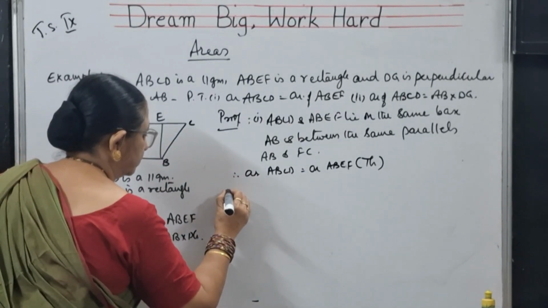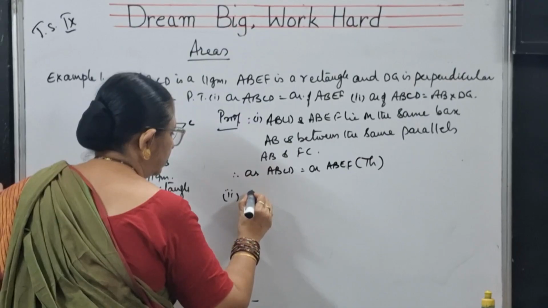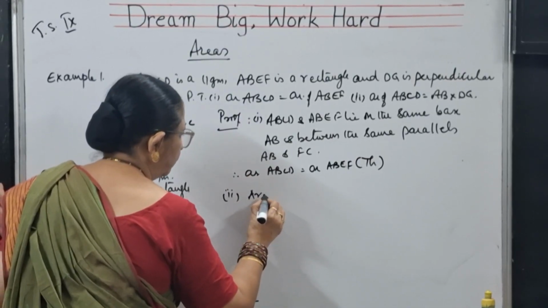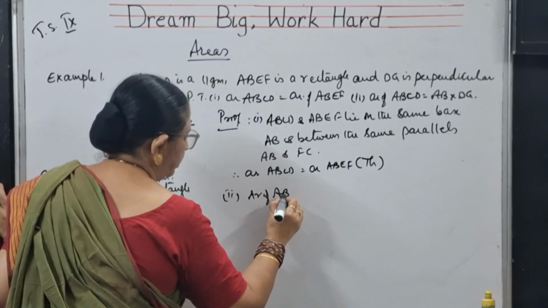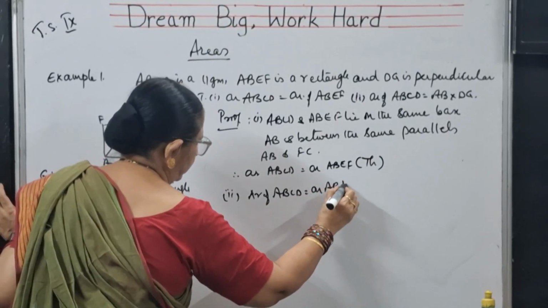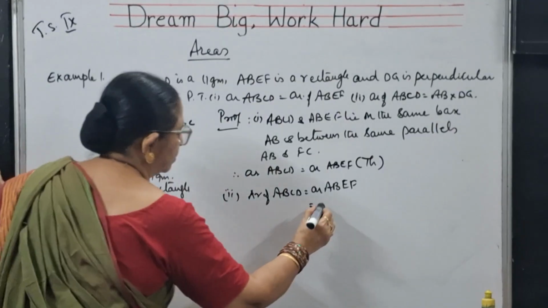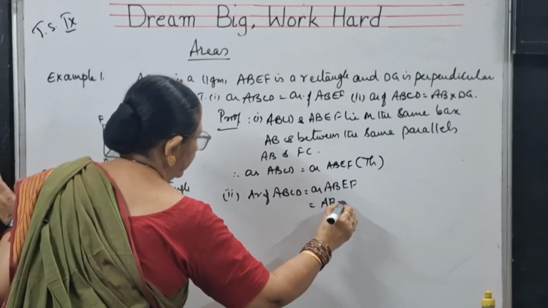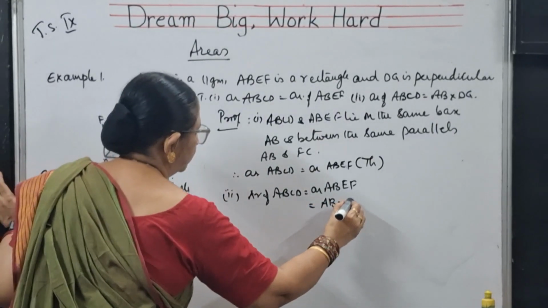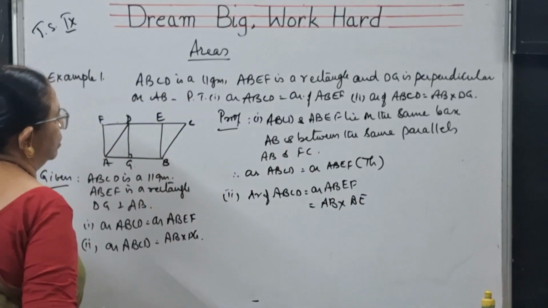Second bit. Now we know that area of ABCD is equal to area of ABEF. ABEF is a rectangle, so its area is length into breadth, AB into BE, because BE is perpendicular.